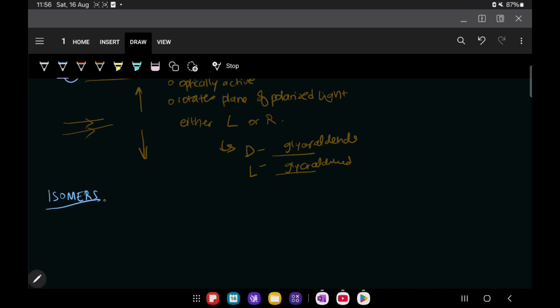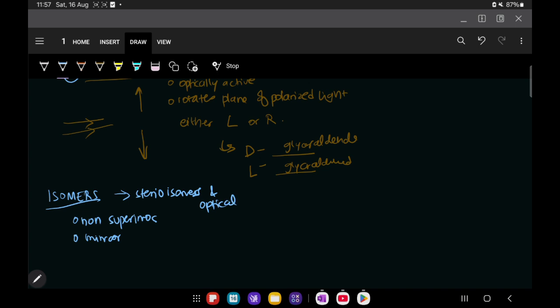So if you have a chiral compound, it has 2 different configurations. So these 2 are going to be mirror images of each other, non-superimposable, but mirror images. So when you have 2 such compounds, you say that these are isomers of each other, and we also call them stereoisomers. We discussed this term as well. And you can also call them optical isomers.